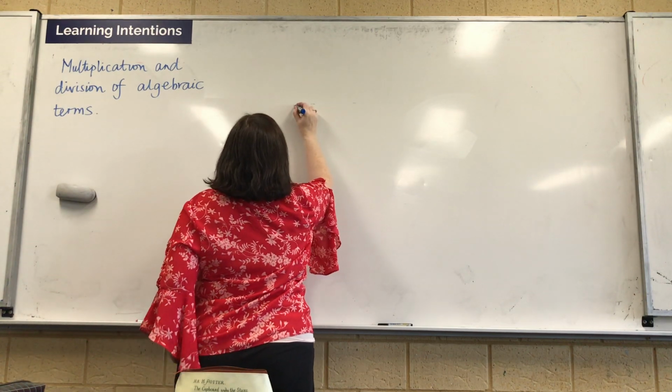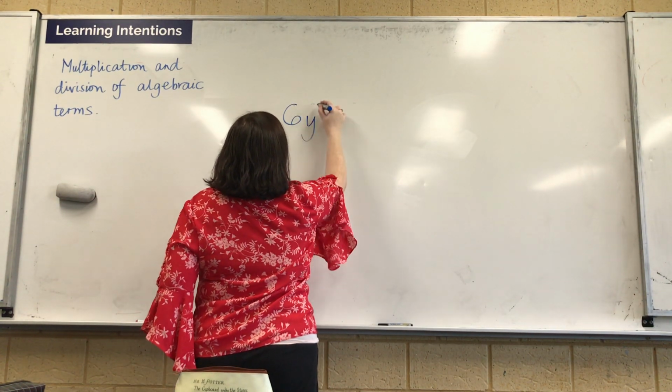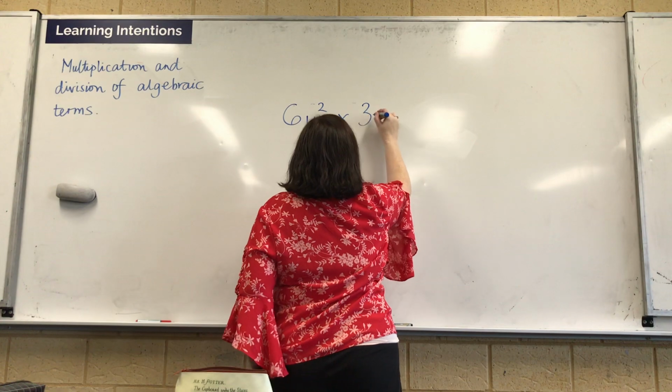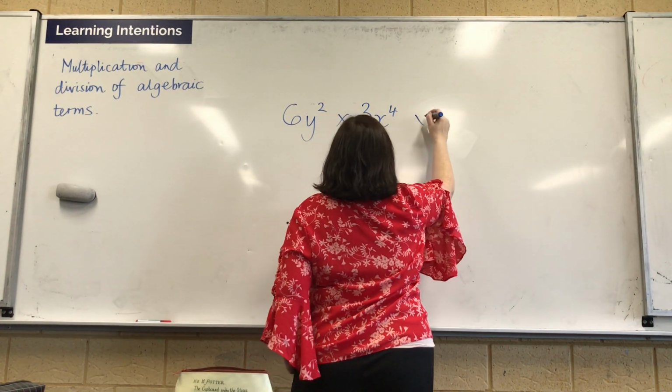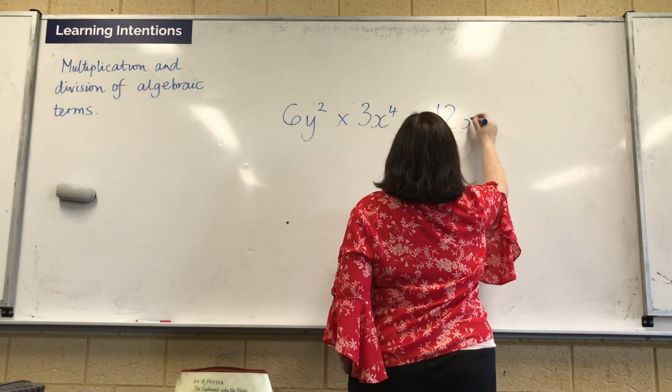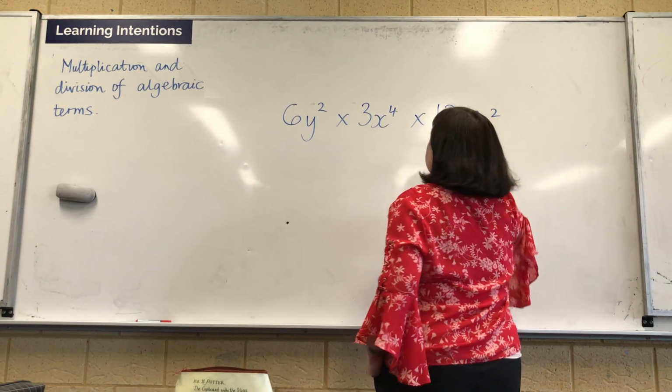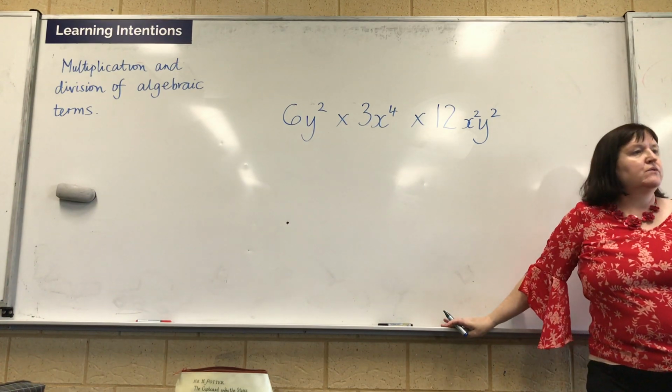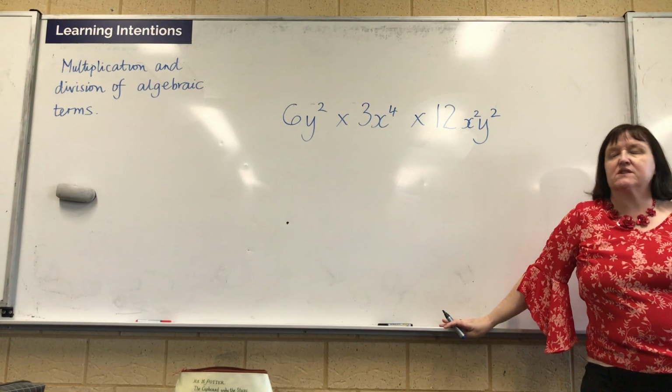So, 6y squared times 3x4 times 12x squared y squared. So, no problems with positive or negative because they're all positive.